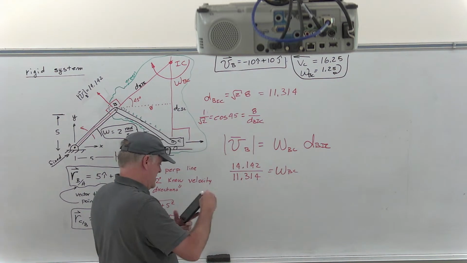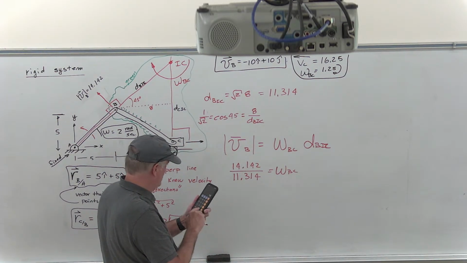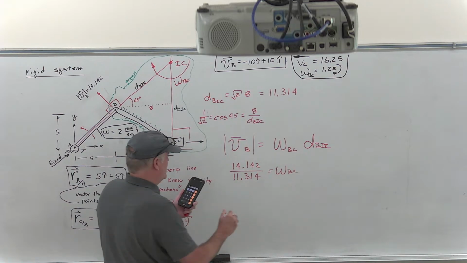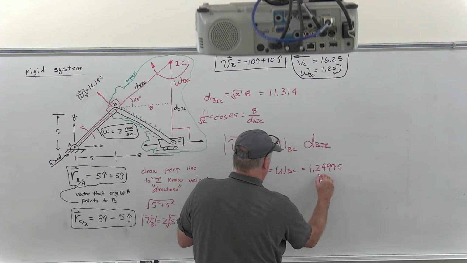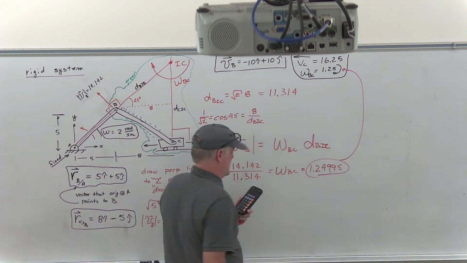Now let's see. It should turn out to be okay. I know it's going to be a little bit off because I threw away some digits. 1.24995. However, if you look, it's the same thing.